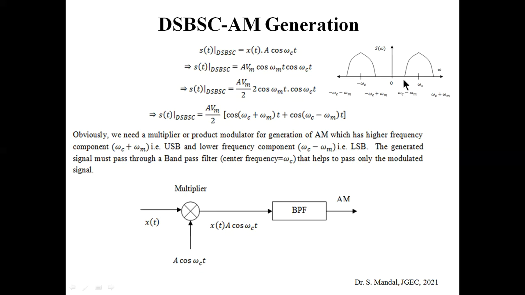The spectrum between these two frequencies is the interesting frequency spectrum for the corresponding AM signal, and we want to propagate only this spectrum. So that's why we need to use a band pass filter.